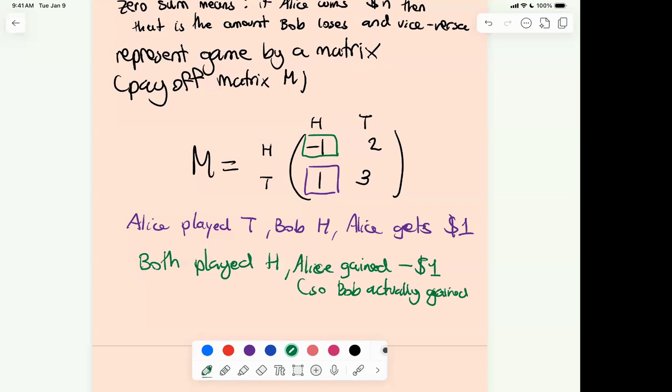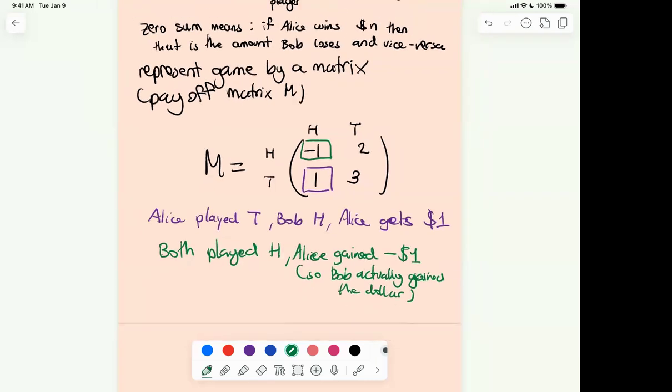How do we know who's gaining or losing? Look, I will always set it up from the perspective of Alice. You can think of this as a payoff matrix for Alice. So this is Alice's payoff matrix. The point is that Bob's payoff matrix is just the minus of this one, you see.